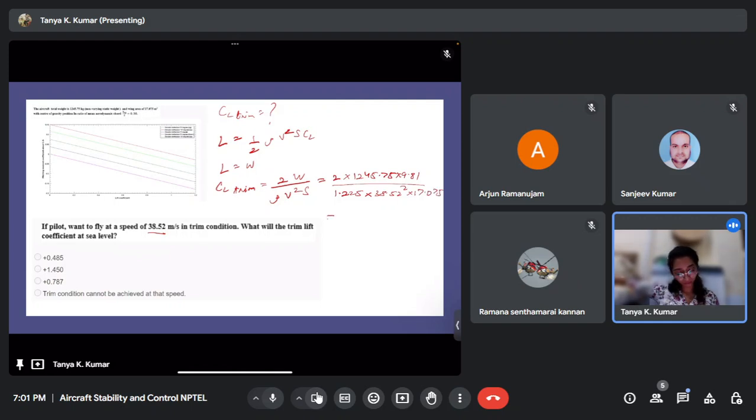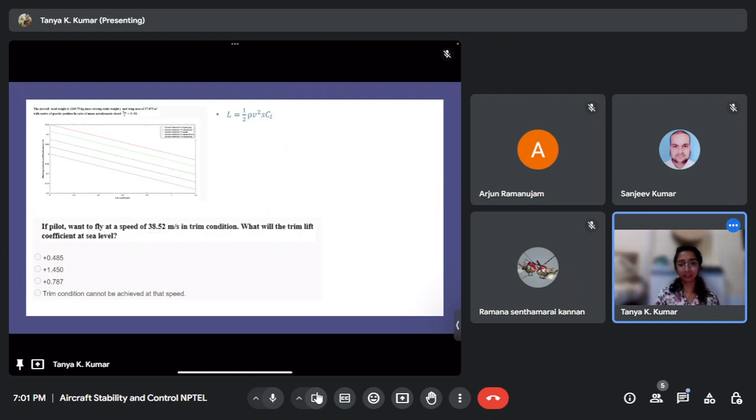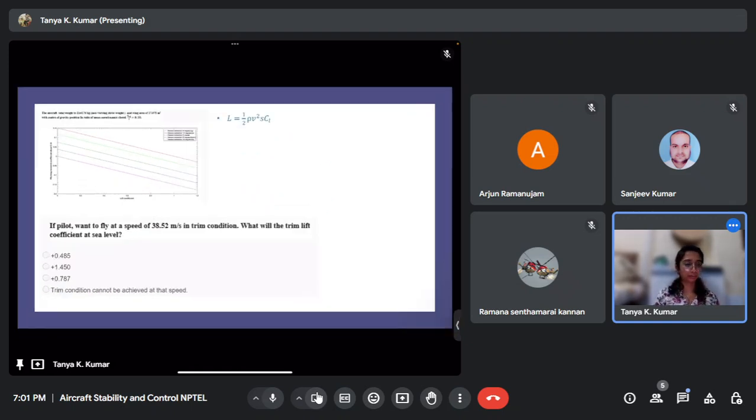Okay? So I'm getting 0.787 from this. So that's what I've gotten. This is the basic lift formula that we use.